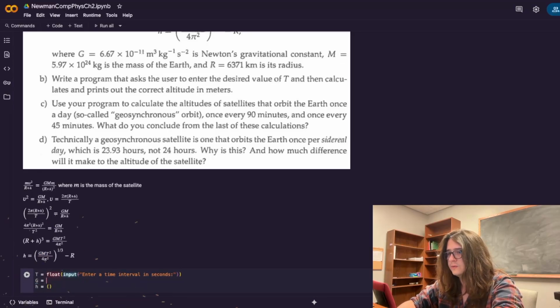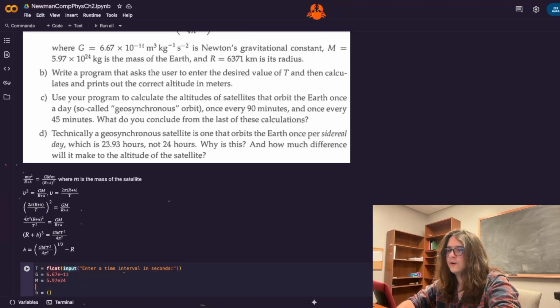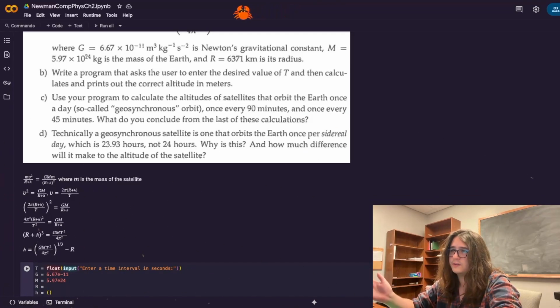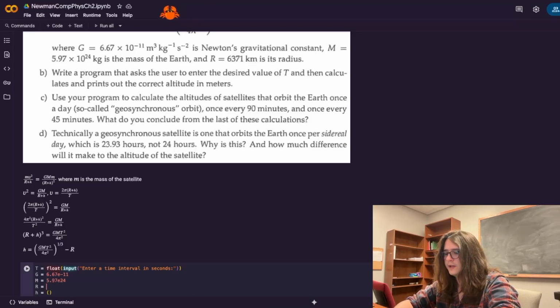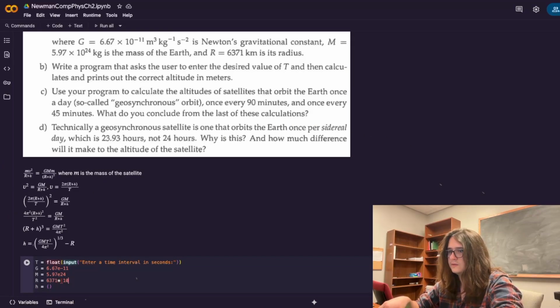So G equals 6.67e-11, and M will be 5.97e24, and R equals, it does give it in kilometers, so we'll have to multiply by 10 to the 3: 6371 times, in parentheses, 10 to the 3 to get it in meters.